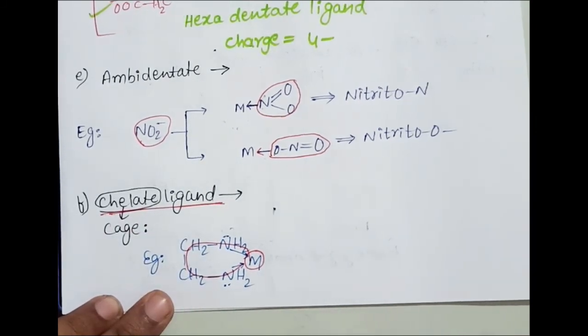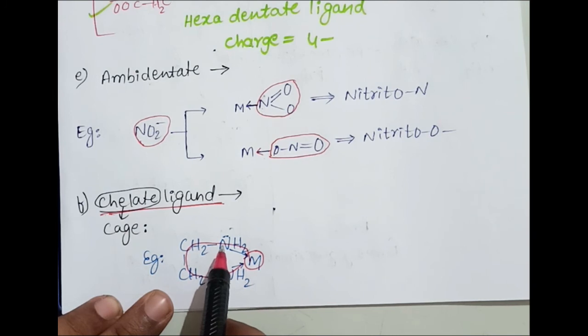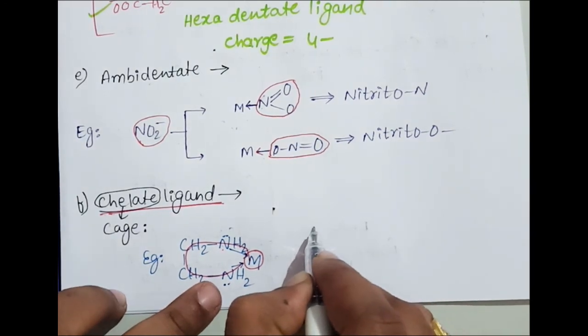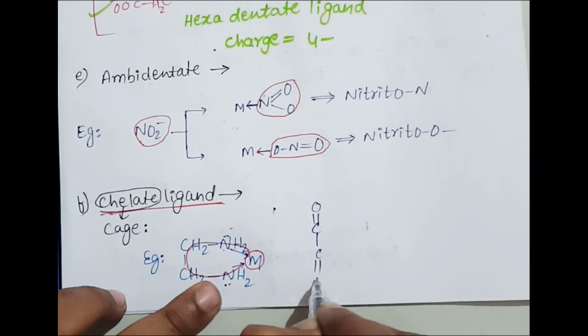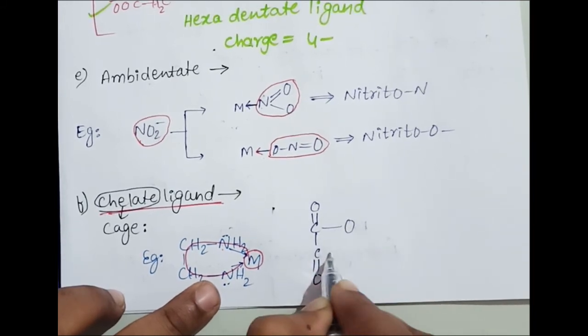So definition, what can you say? If all the electron donating sites of a ligand donate to only one metal and form a cage-like structure, it is called as chelate ligand. You may ask me to give another example. I'll give you oxalate also. Oxalate ligand, you know, its symbol is ox2-.